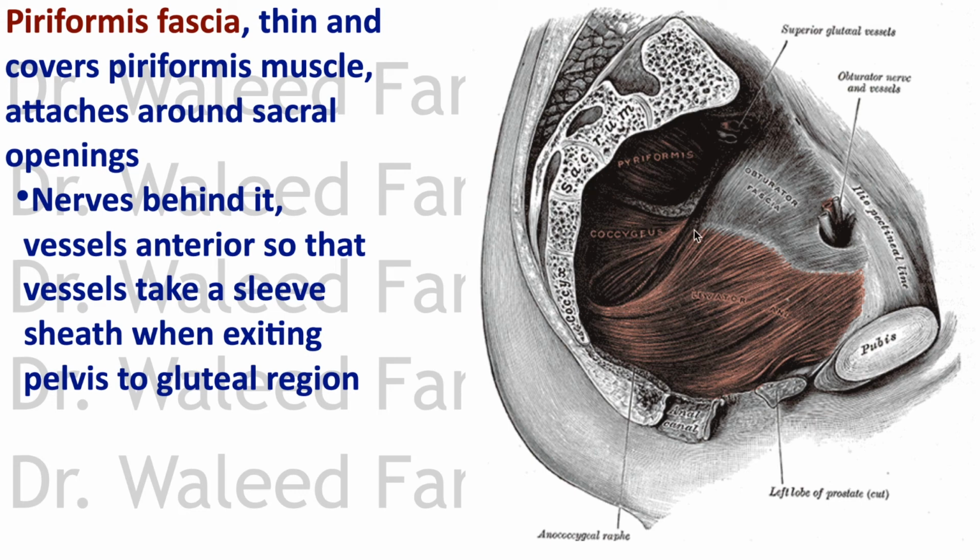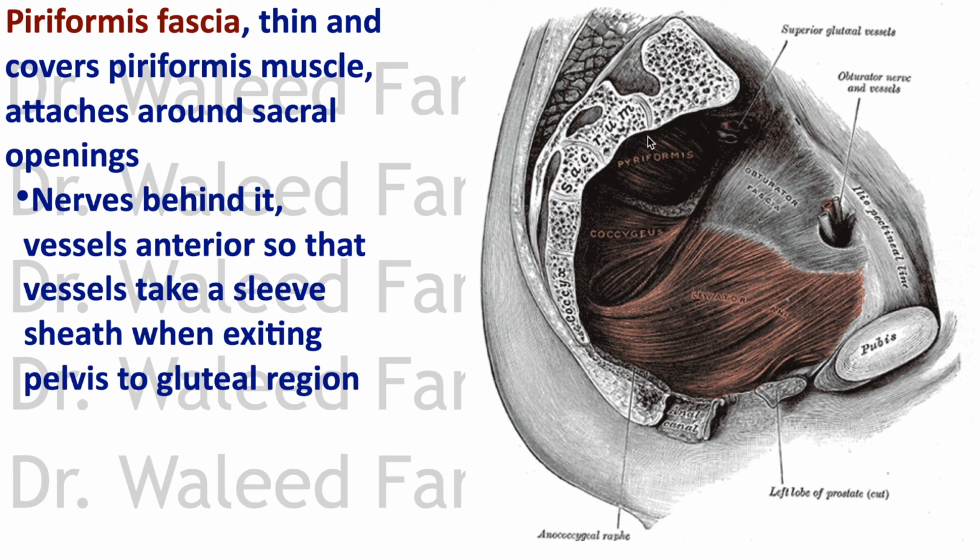So the piriformis fascia covers the nerves of the lumbosacral plexus, while the vessels are in front of the piriformis fascia. So that's why the vessels, when they intend to exit the pelvis, have to pierce the piriformis fascia and take a sleeve of this fascia around them on their course outside the pelvis.